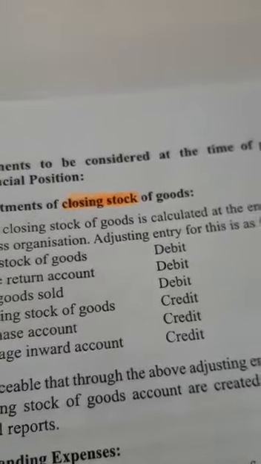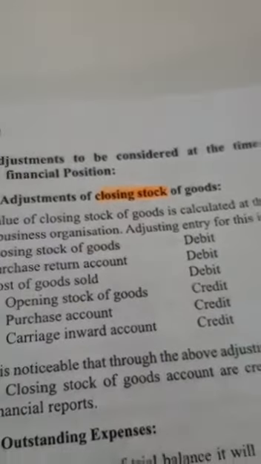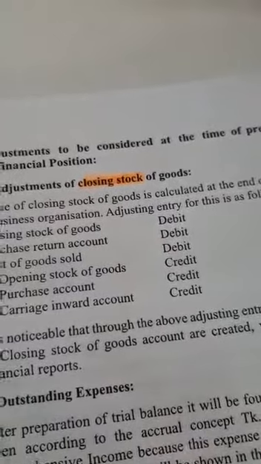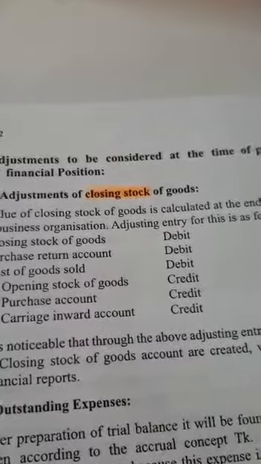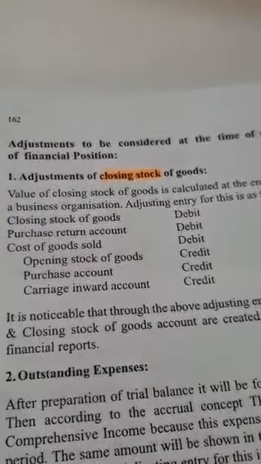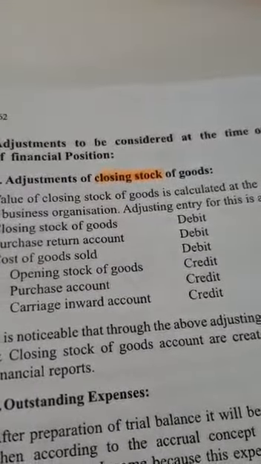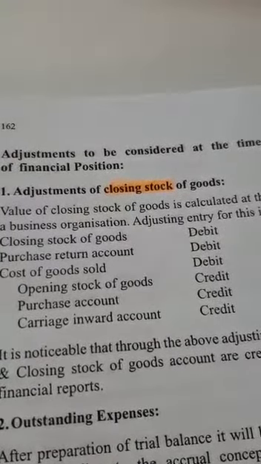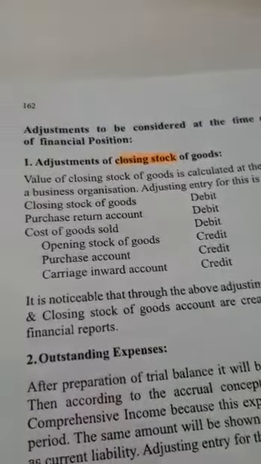So we will always consider the lower value. Whether it is market price or cost price, only the lowest one will be picked, and that one will be shown twice. One in the comprehensive income statement, when we determine COGS, at that time we need to minus it. Again, it will be shown as an asset in the financial position.